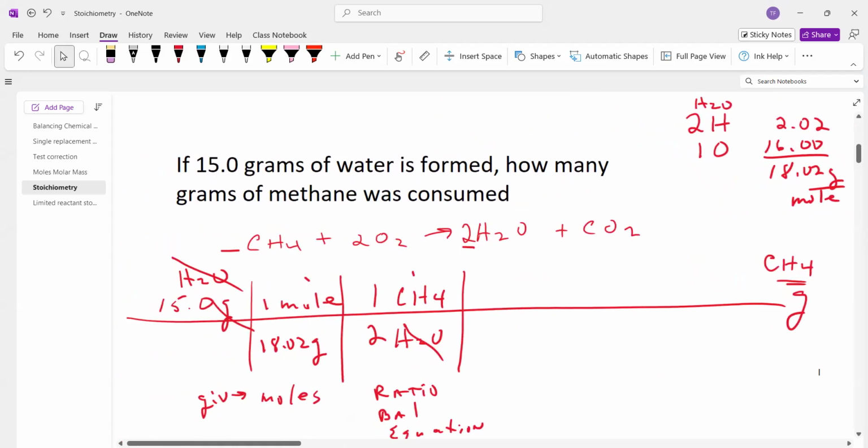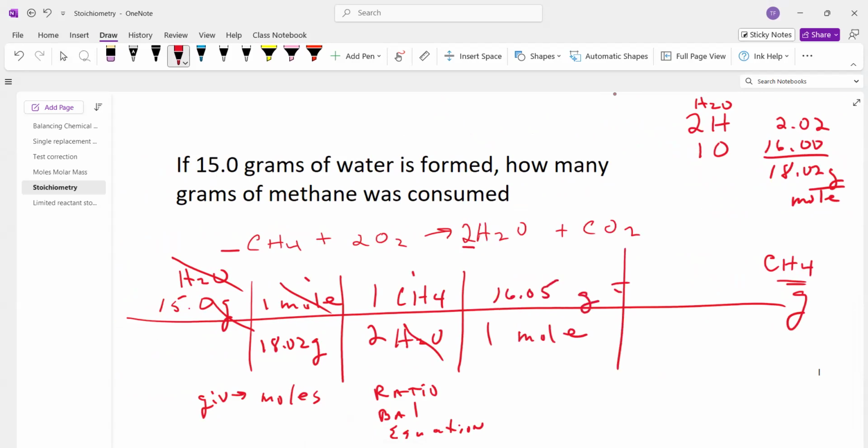Now moles need to cancel, so we have grams of methane.